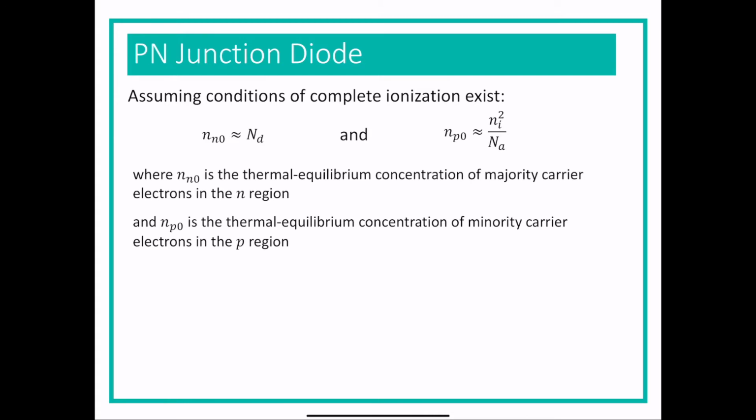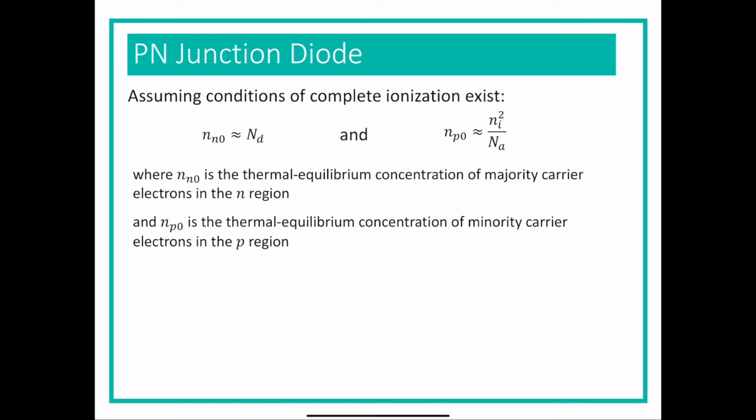And the number of electrons on the P side, since they are the minority carriers, is going to be Ni squared over the number of acceptors. So on either side of the junction, we can get the minority carriers and the majority carriers.